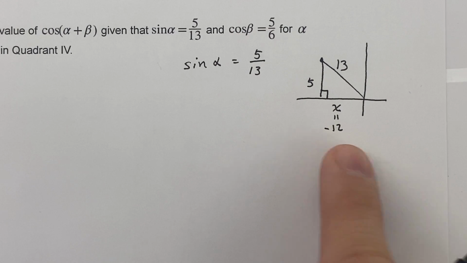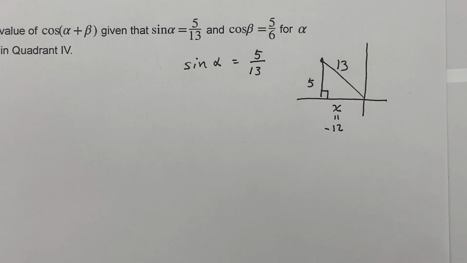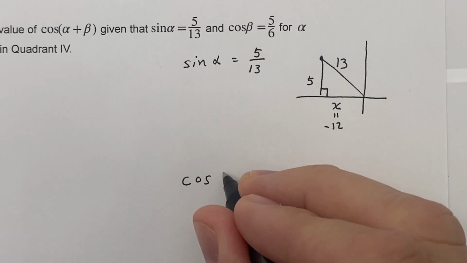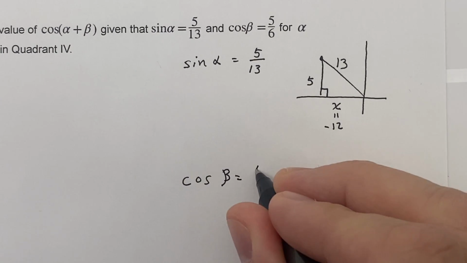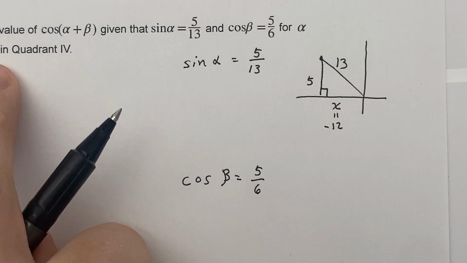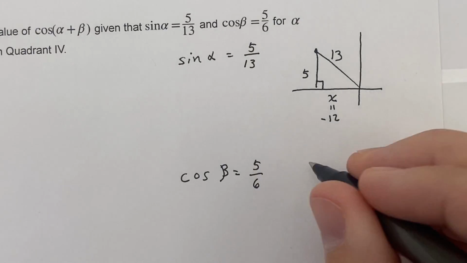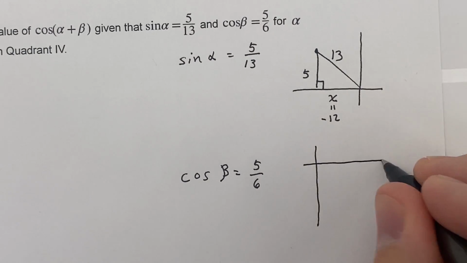So again, what we're doing is setting up all 3 side lengths because we're probably going to need them here in a little bit. Let's do the same thing for cosine of beta. Beta, it's given that it's in quadrant 4. One more sketch.